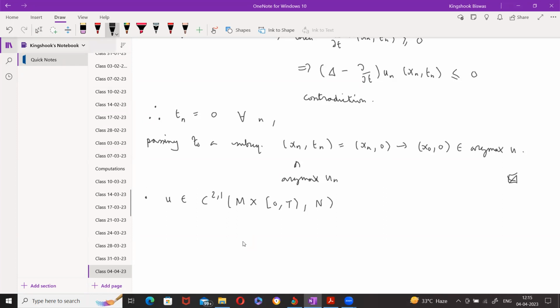Well, okay, the first thing we can prove actually is the uniqueness. We can prove uniqueness of solutions to the harmonic maps heat flow.